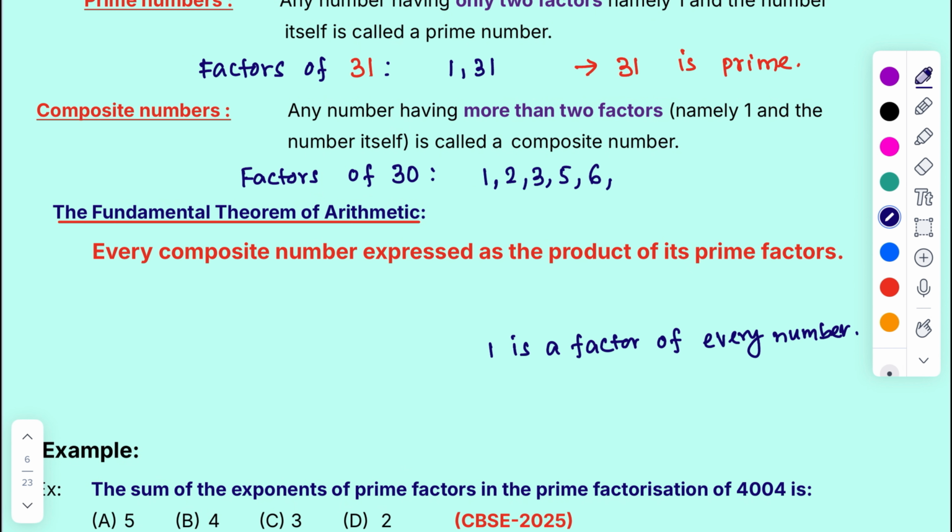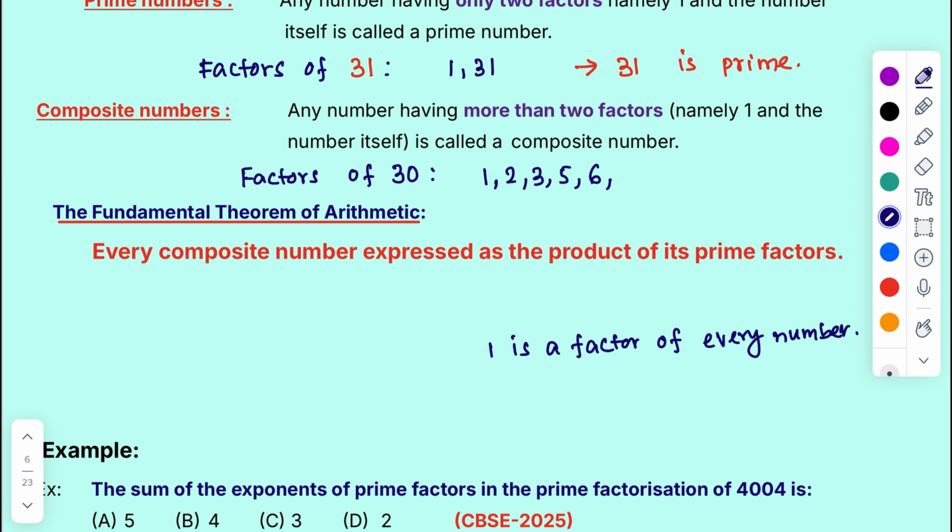If we look at the prime factors of 30, they are 2, 3 and 5.